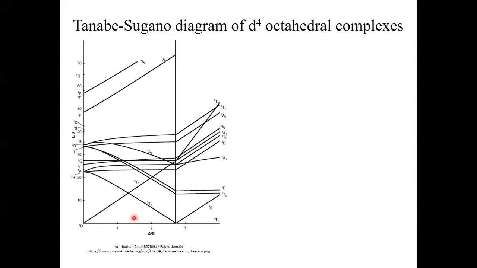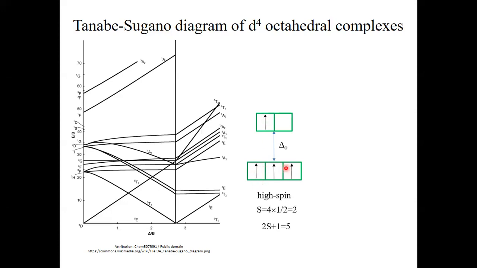let us first understand why for a high spin complex, we have a quintet term as the ground state. Again, we can derive this fairly easily from this orbital diagram. For a small delta O, we write all the electrons spin up. The spin pairing energy is not being overcome. And then what is the spin multiplicity? Well, we have 4 unpaired electrons.